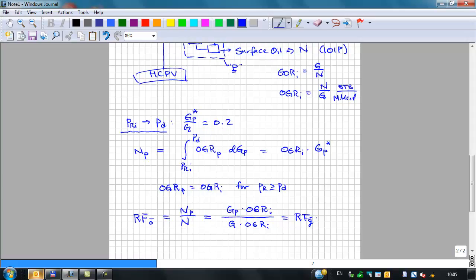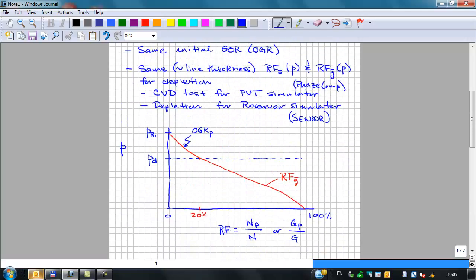Because the oil-gas ratio remains constant from the initial pressure down to the dew point. So the curve will be in green here, and it'll look just like this. Okay?